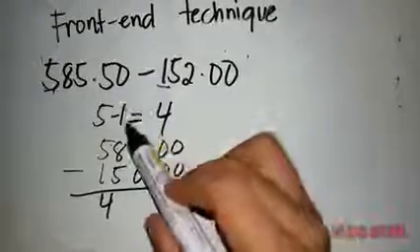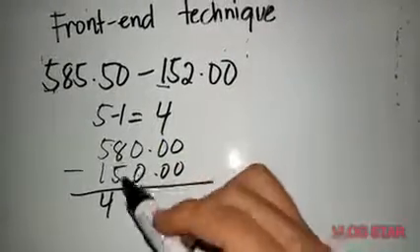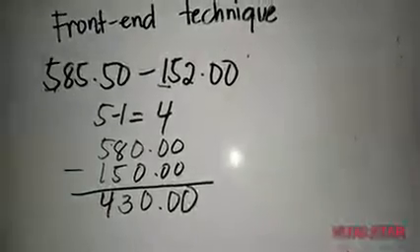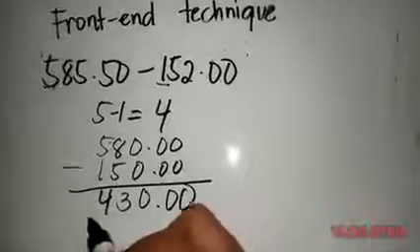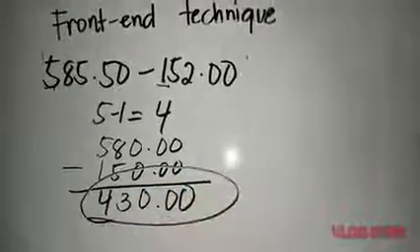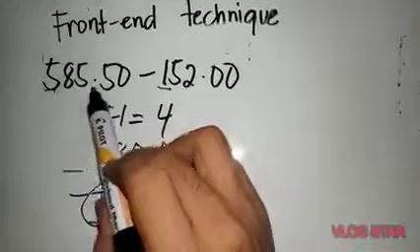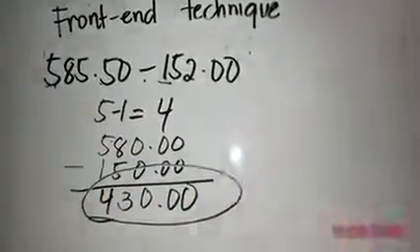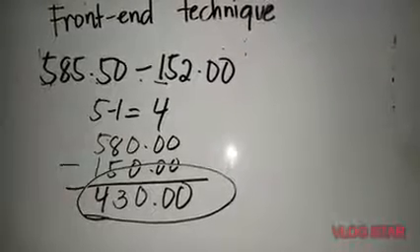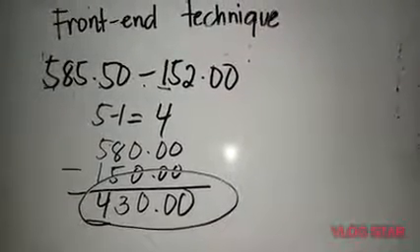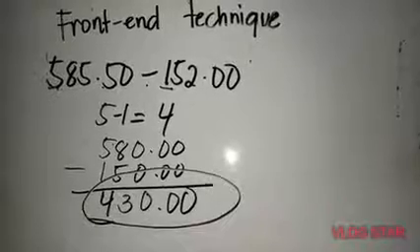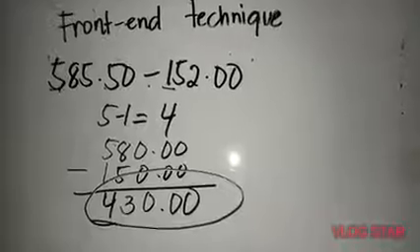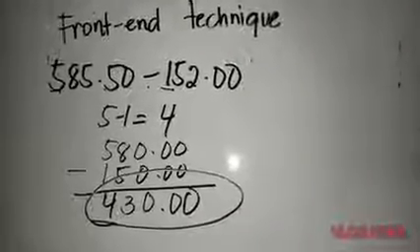The next is 8 minus 5 is 3. Then just put the zeros in the estimate difference of 585.50 minus 152.00 is 430.